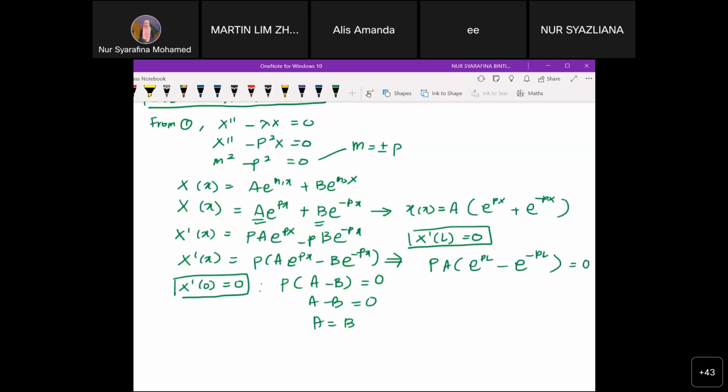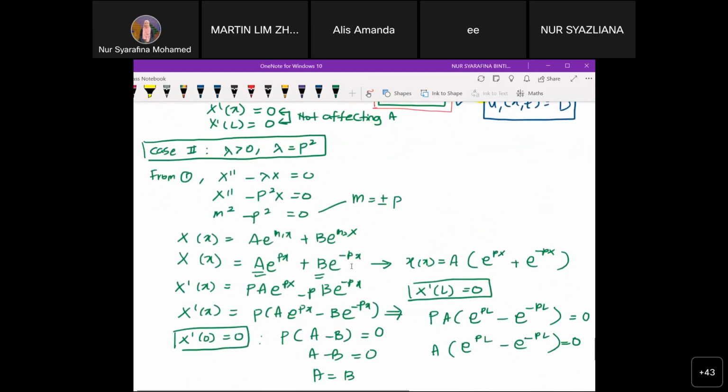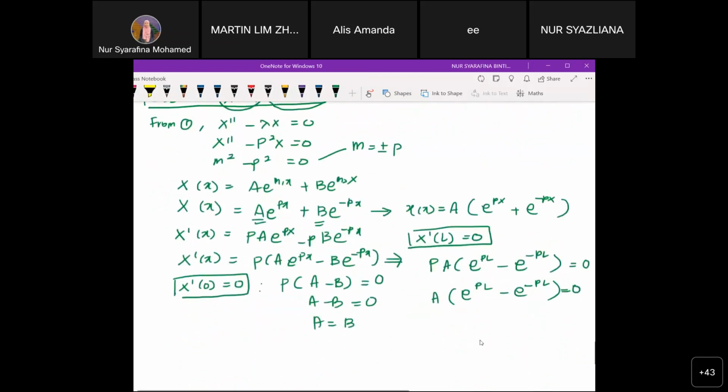Then we have e^(pL) minus e^(-pL) equals to 0. p here cannot be 0, because lambda is p squared and lambda is greater than 0, so you know that p cannot be 0. Then just move p to the right, and from here we have A equals to 0.